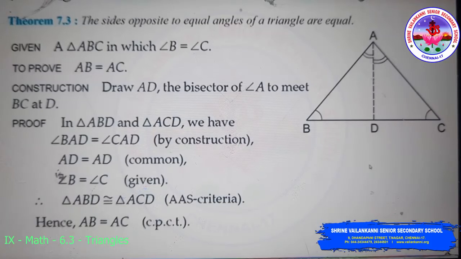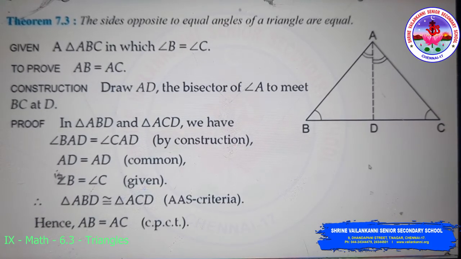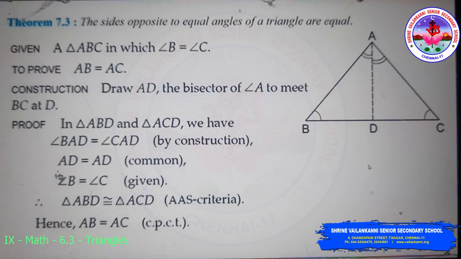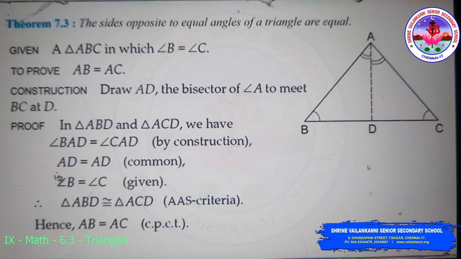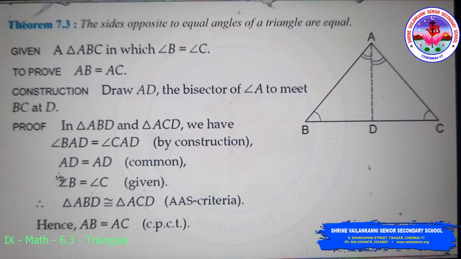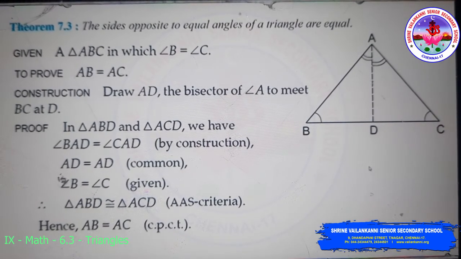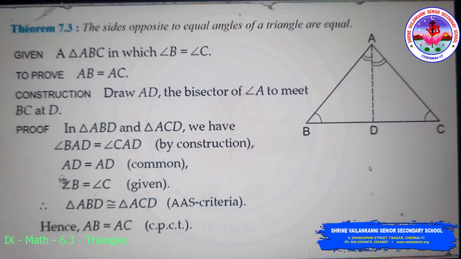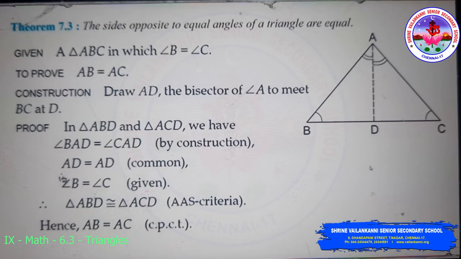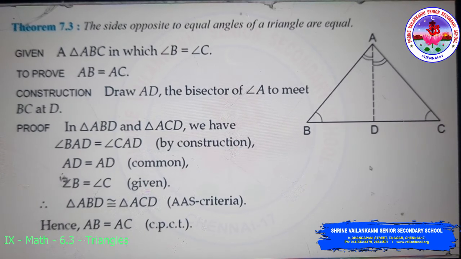Let us consider triangle ABD and triangle ACD. We know that AD is a bisector of angle A, so angle BAD is equal to angle CAD. Second, angle B is equal to angle C by our statement.